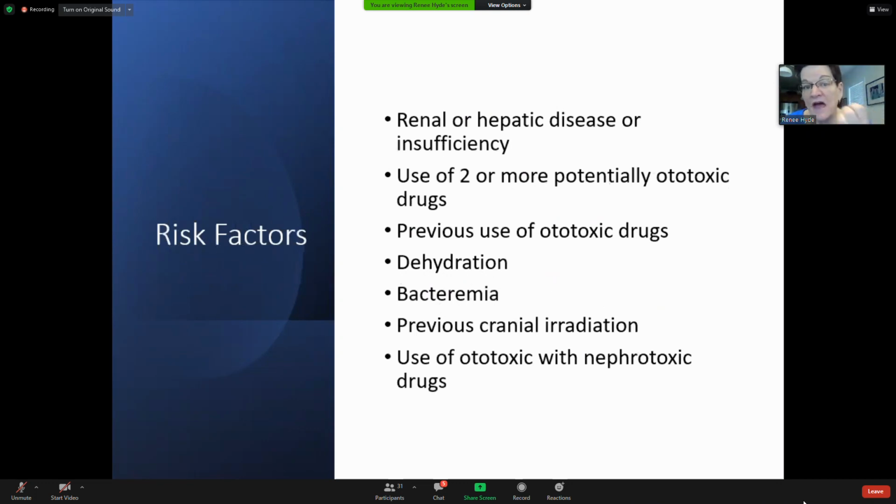Now, some of the risk factors for ototoxicity are renal or hepatic disease or insufficiency, the use of 2 or more potentially ototoxic drugs, dehydration, bacteremia, and the use of ototoxic drugs with nephrotoxic drugs. Okay?